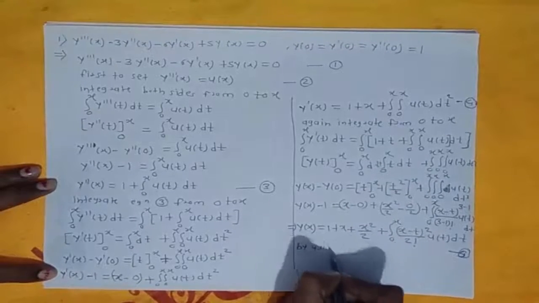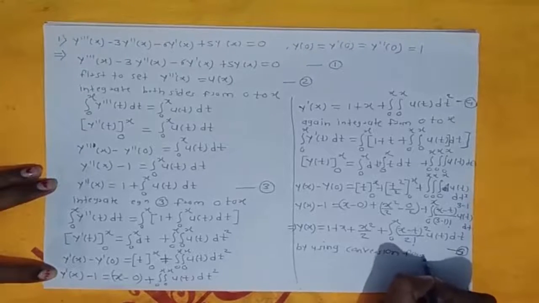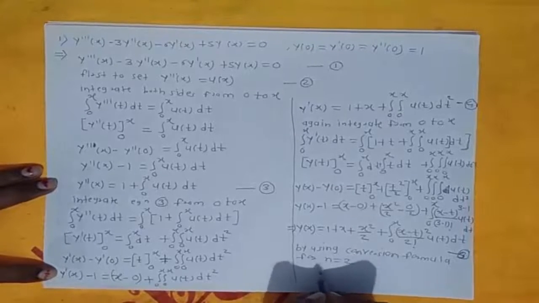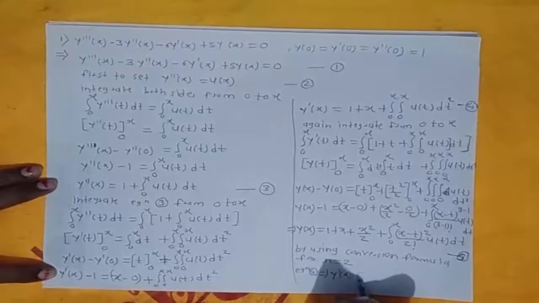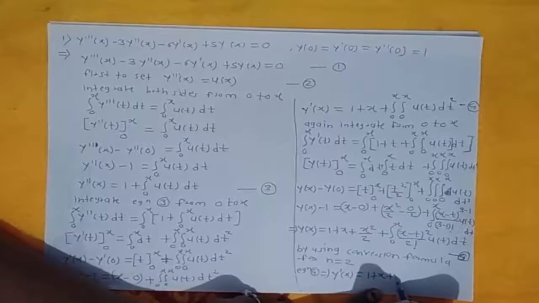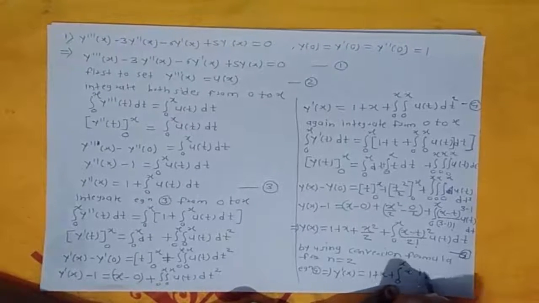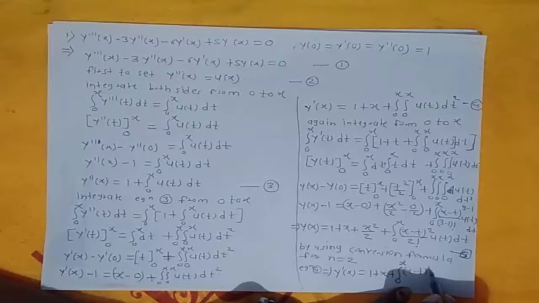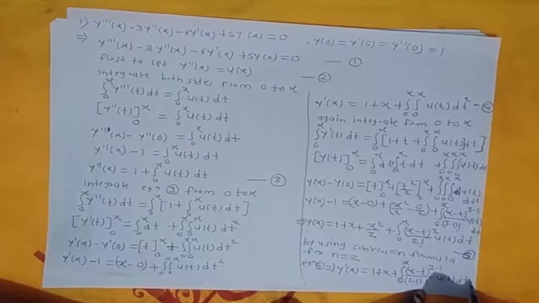Then by using the conversion formula for n is equal to 2, equation number 4 becomes y dash of x is equal to 1 plus x plus double integral can be converted into single integral, that is 0 to x, (x minus t) raised to 2 minus 1 divided by (2 minus 1) factorial into u of t dt.